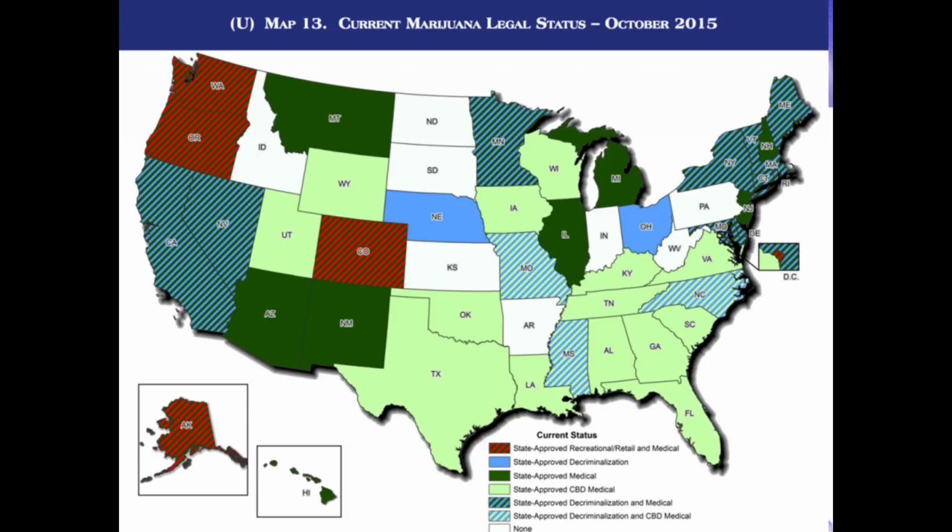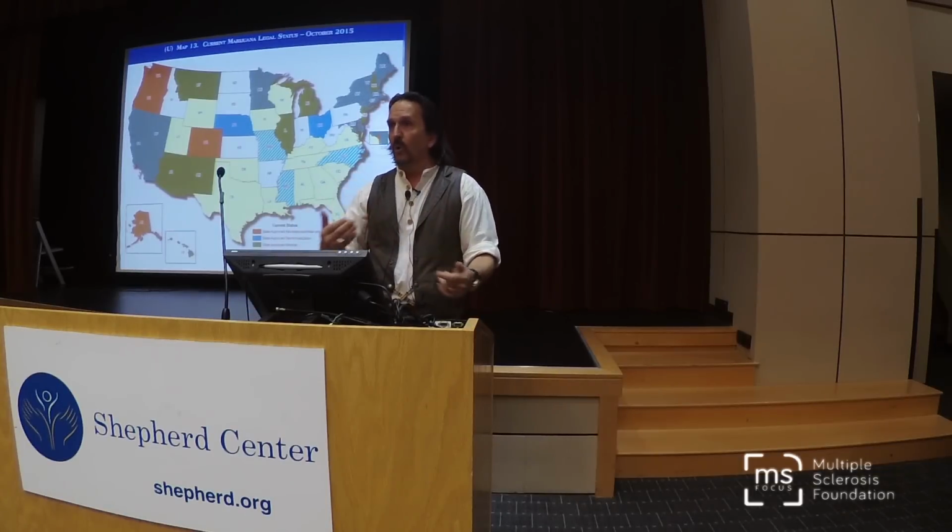So these are the current laws state by state. And what you can see is that it's hard to read the bottom of this, but this is a patchwork of state laws, many of which seem to contradict the federal law. So what the red slashed areas, so Washington, Oregon, and Colorado, Alaska, have probably the most liberal laws.